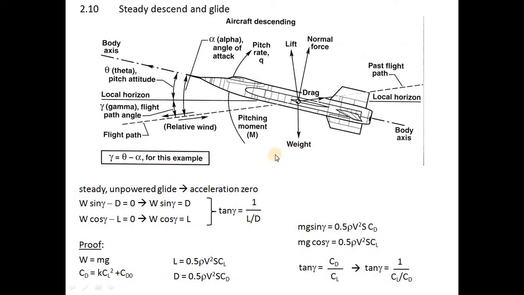So if you make a paper plane, it's a glider. If you want to minimize the rate of sink, the rate of falling, you try to minimize the gamma. The way you minimize the gamma is to maximize the lift to drag ratio of the aircraft.